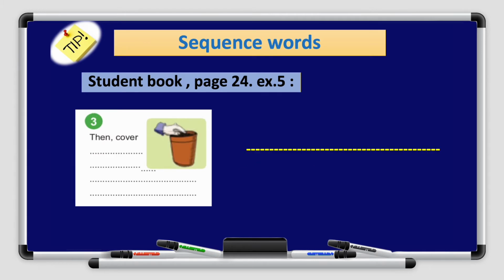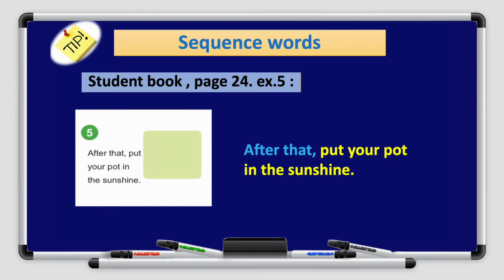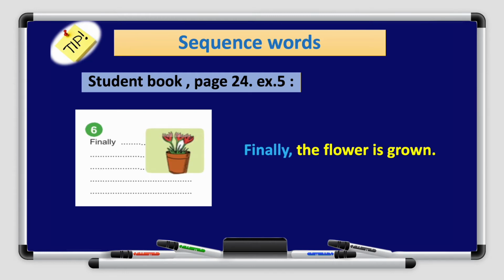The third one, look at the picture. What do you think? Then, cover the seeds with soil. After that, put your pot in the sunshine. And the last step, finally, the flower is grown.